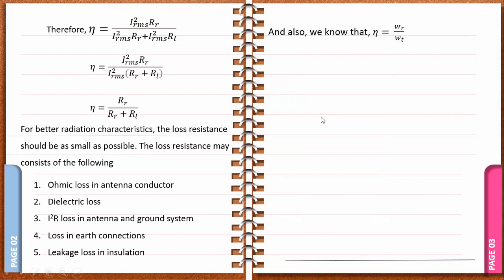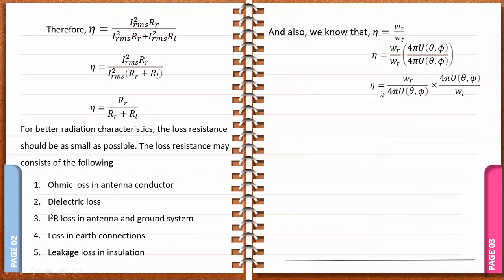And also we know that eta is the ratio of power radiated to the total power supplied to the antenna system. Now this ratio is multiplied and divided by 4 pi U of theta comma phi. Here we are doing this particular operation in order to get the relationship between the efficiency and the power gain and the directive gain of the antenna system.